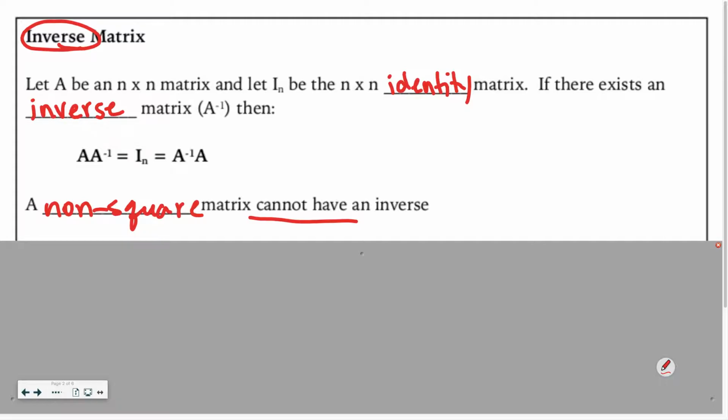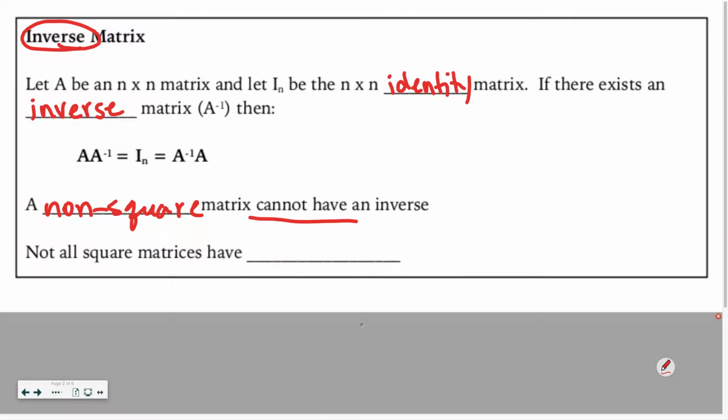We're not even going to try. It's not going to work. Only square matrices can have inverses. However, not all square matrices have inverses. It is possible to be a square matrix and not have an inverse. So square matrices are special, but only some square matrices are even more special to where they have an inverse. And we'll talk about things here as we go along, how we know if an inverse exists or not.